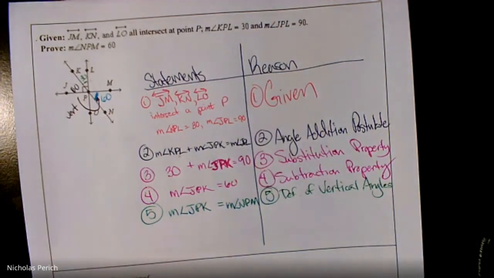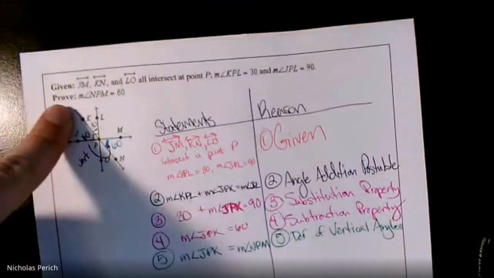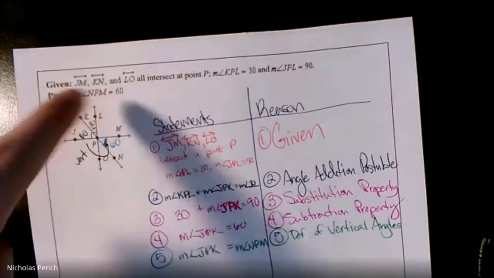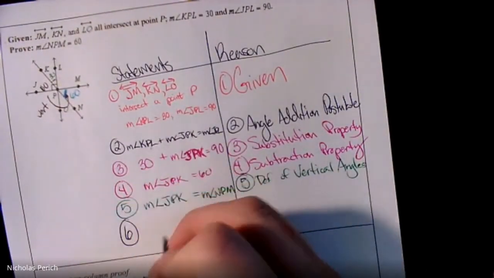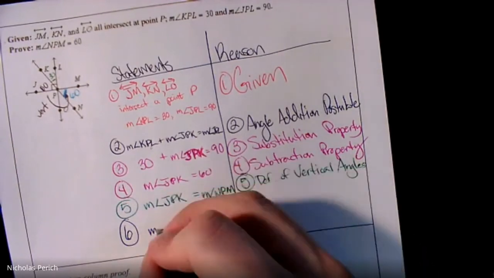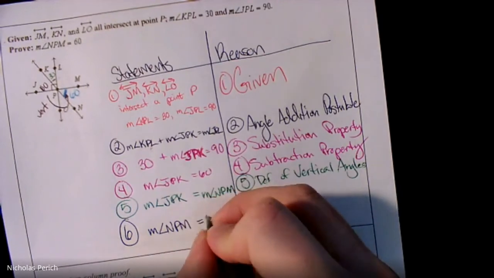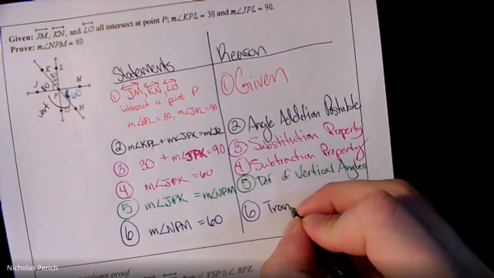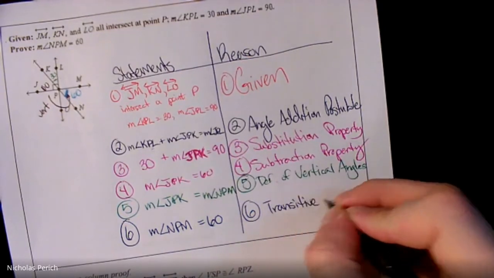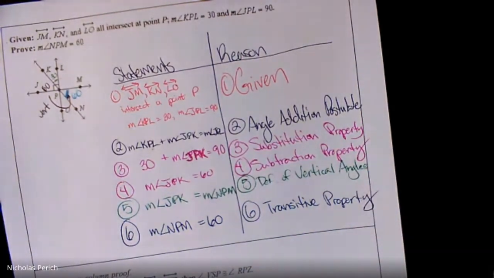So if JPK is 60 and JPK is also NPM, then NPM is 60. And that's the transitive property.